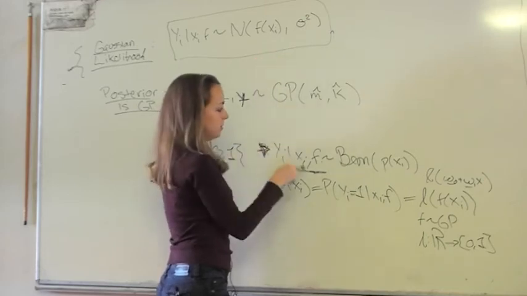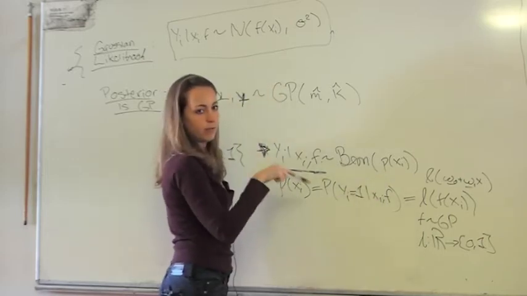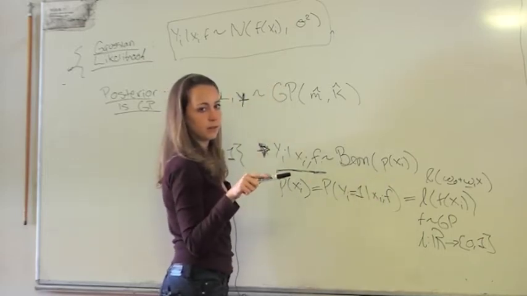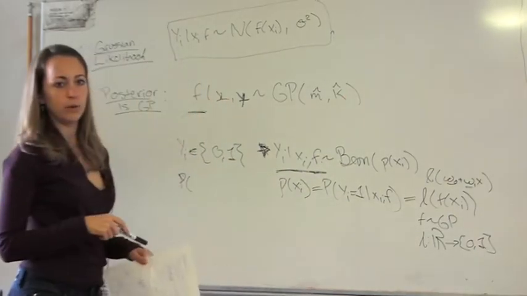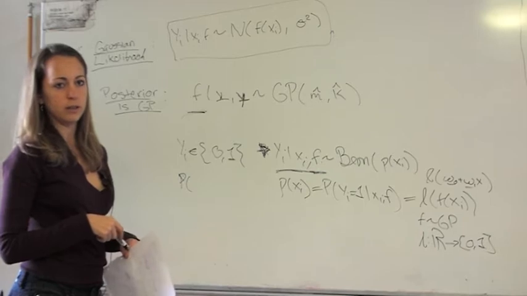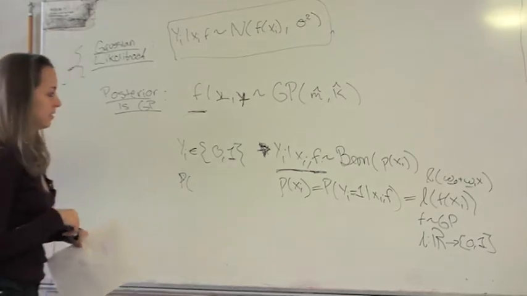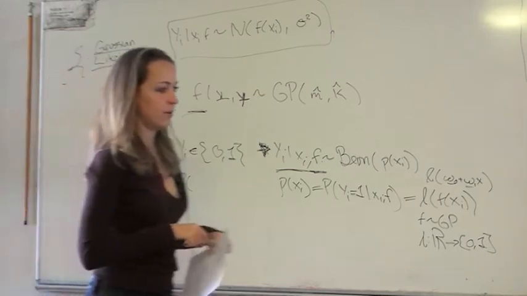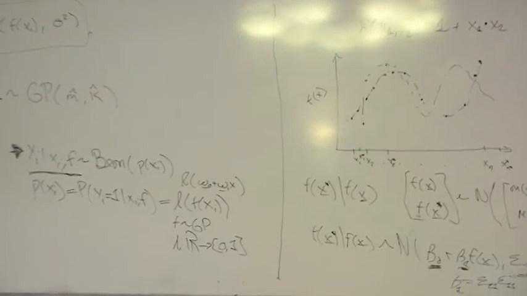So if we use a different likelihood, in general, the conjugate prior will not be Gaussian. So we would need an alternative prior there to have conjugacy. Does that make sense? Okay, so let's go ahead and start with the sampling methods. Are there any other questions?